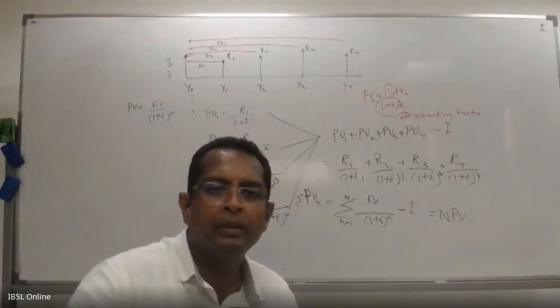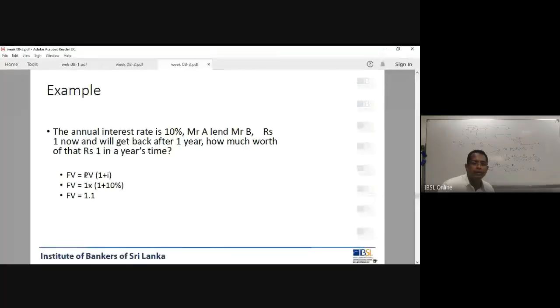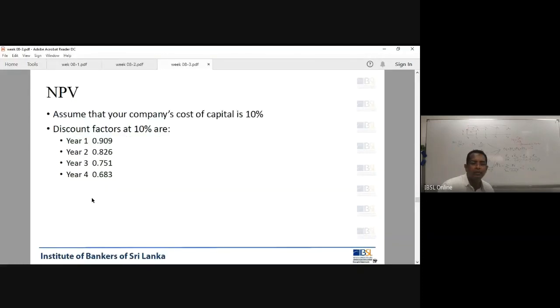So we did a similar thing here. Present value is 1 rupee and with 1 plus I at 10%, it will come to this. Right. These are the discounting factors. This equals 0.909. If they ask you to calculate a similar thing, they will give you the discounting factors. 1 divided by 1 plus I equals 0.909 if I is 10.